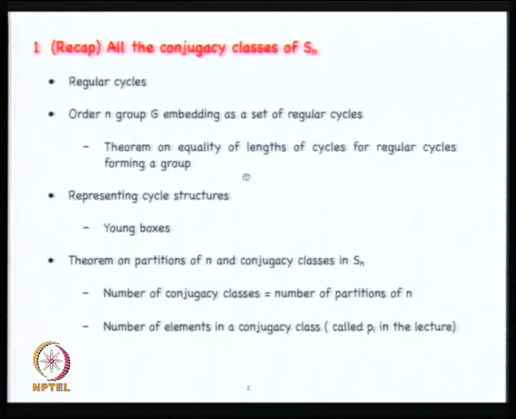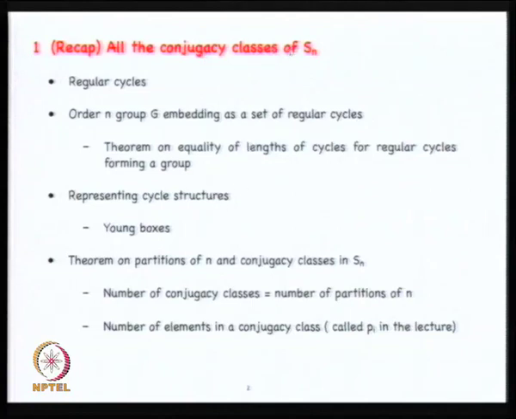We saw that the number of classes is equal to the number of irreps, so there are as many classes as there are irreps, and the sum of squares of the sizes of these is equal to the size of the whole group.